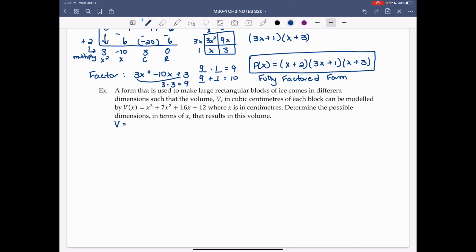Volume for a rectangular prism is length times width times height. So we want to factor our polynomial to write it in terms of 3 factors, which will be the length, width, and the height. Starting with our possible zeros.